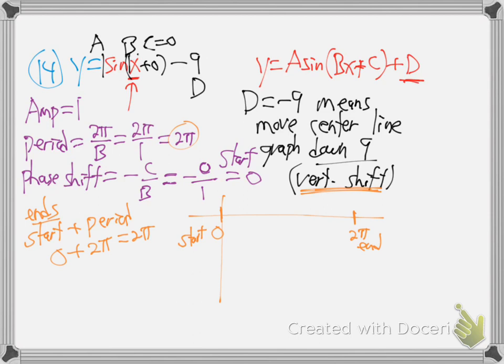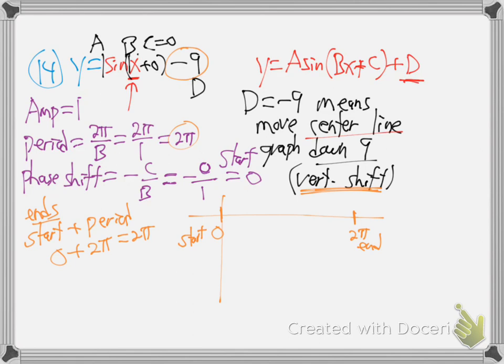So everything's normal, except we're going to do a down move of 9. Let me show you that now. Are you ready? Caught up with all that? So we're starting at 0, ending at 2 pi. It's just a normal one, except this minus 9. What's that going to do? Well, that moves the midline. I called it the center line, midline, whatever. The line that goes through the middle, which normally is the x-axis, right?